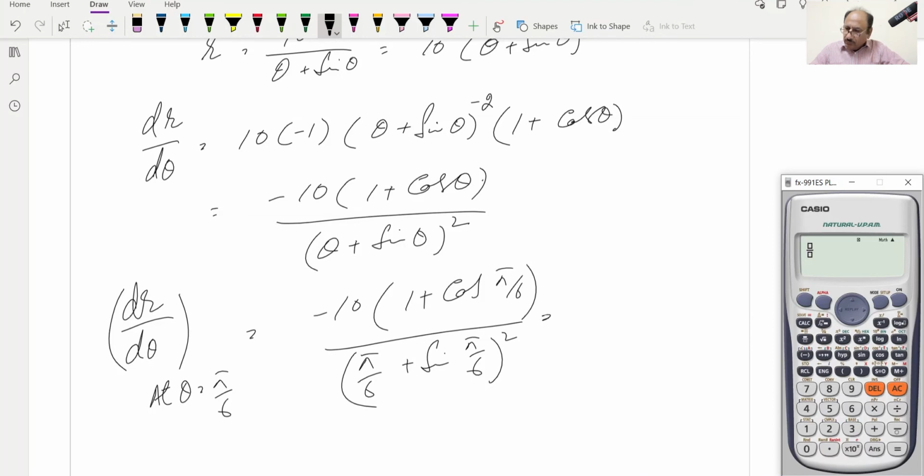So fraction minus 10 in brackets, we can write 1 plus cos of pi over 6, and the bracket will be closed, and the second bracket will be closed.